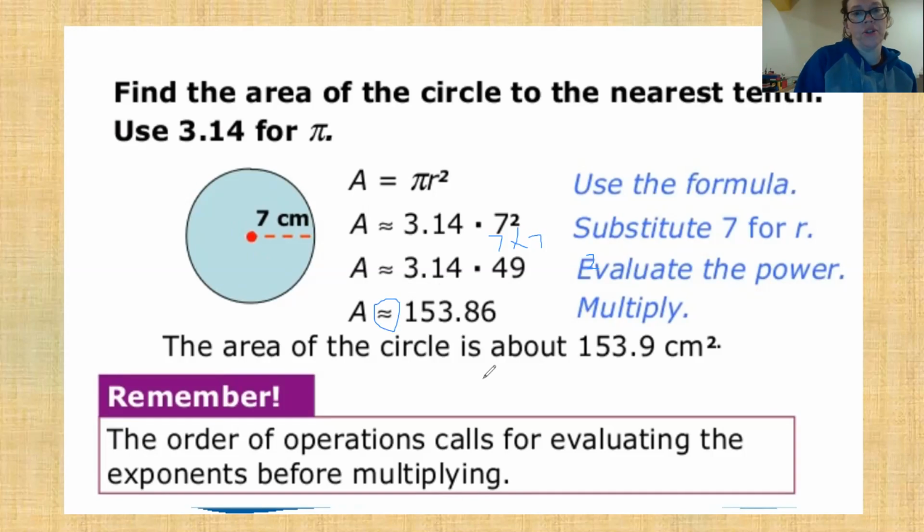Now, here's a good reminder at the bottom, that order of operations calls for evaluating exponents before multiplying. So you remember back to, please excuse my dear Aunt Sally. So exponents, which is what 7 squared is, you always have to evaluate that before you multiply times 3.14.